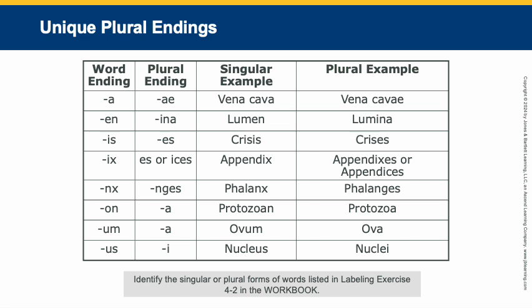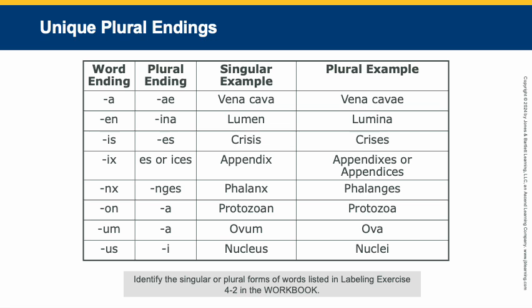If it ends in IS, it turns into ES. So crisis turns into crises. If it ends in IX, the plural is ES or ICES, like appendix turns into appendices. NX turns into NGES, like phalanx turns into phalanges. ON turns into A, like protozoan turns into protozoa.